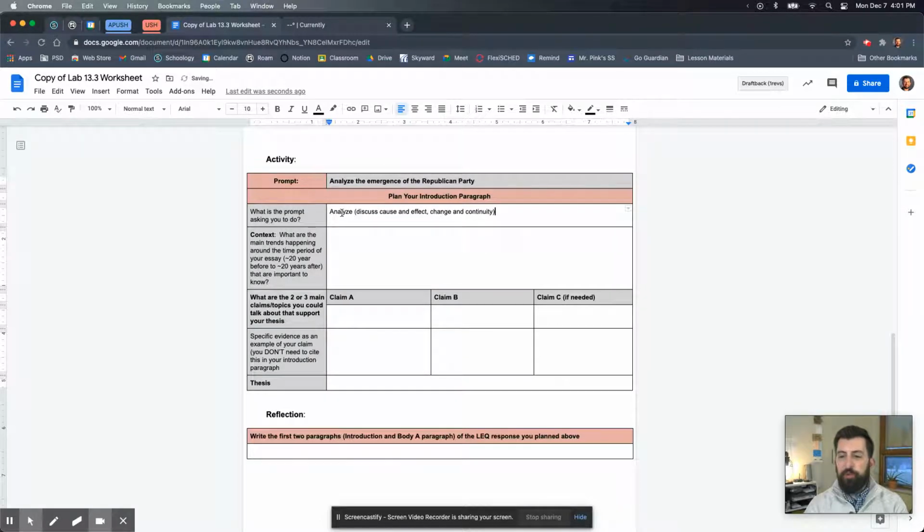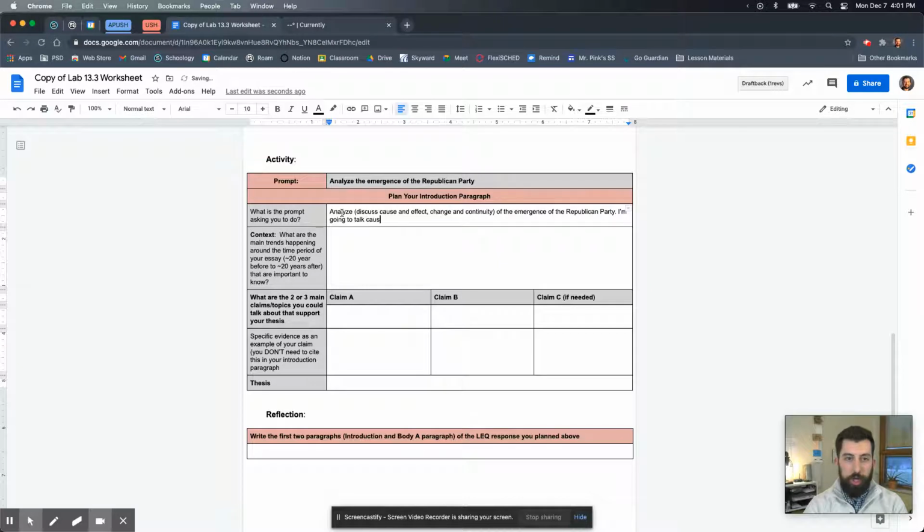It's just asking you to choose which of these historical thinking skills you want to apply. So just analyze one of those things, cause and effect, change and continuity, whatever, of the emergence of the Republican Party. So I'm going to go one step further right here and say I'm going to talk cause and effect.